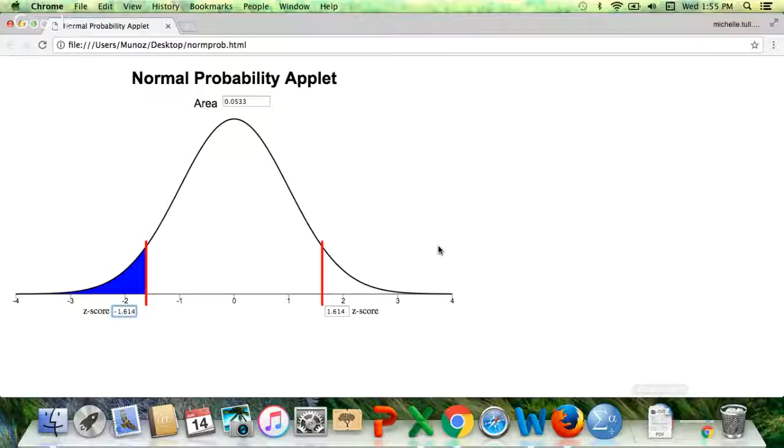Show me your tablet, what you're doing again, just to be sure that I understand. I don't see your tablet at all for some reason. I only see your quiz. You don't see this one right here? I'm not sure why. Let me see. I see your normal probability applet now. Do you see this?